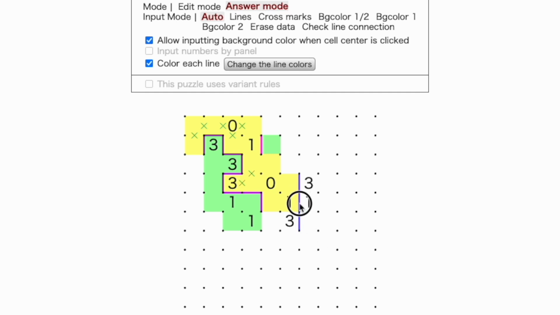Could it come straight through here? I think that is fine. We would do this, and we would satisfy both of our ones. If this is not the case, then these both go like this. But either way, these outside ones are not filled in, regardless of which way we do that. So this is going to be not a line.